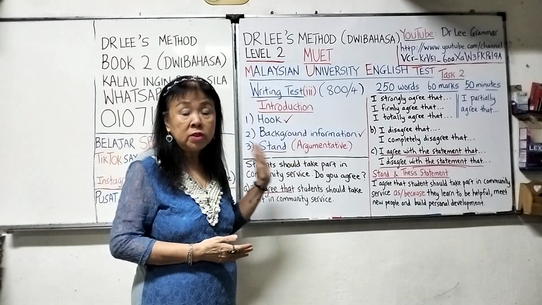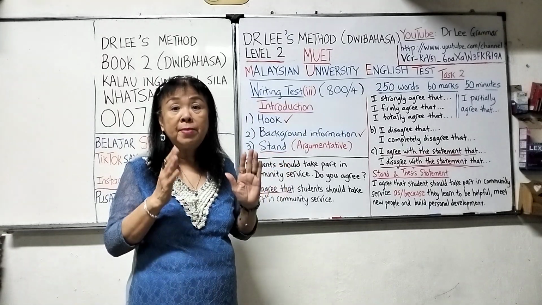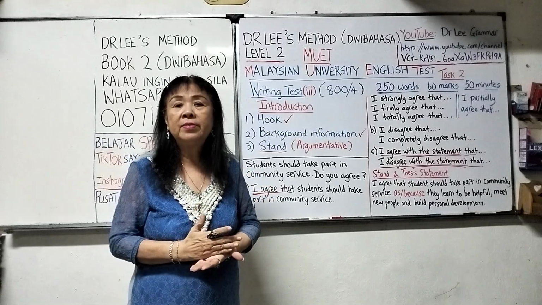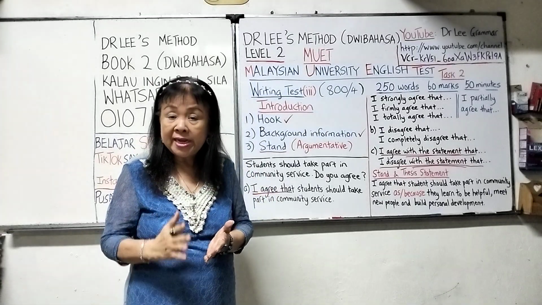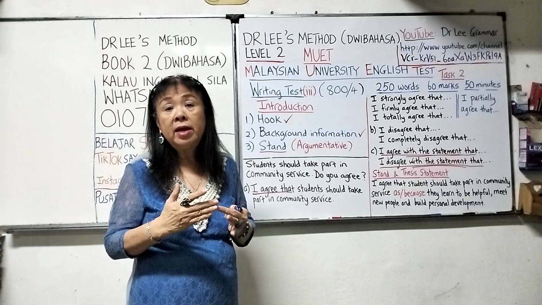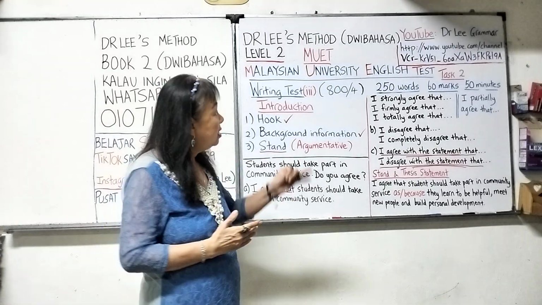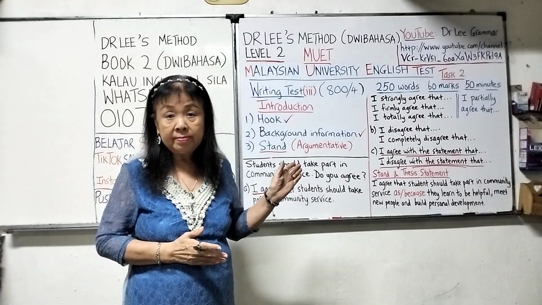If you have been watching and following my previous videos, you would know that I'm actually coming to the end of this MUET paper, because I have already explained reading, listening, and speaking. And even in this writing paper, I've already come to the last part.